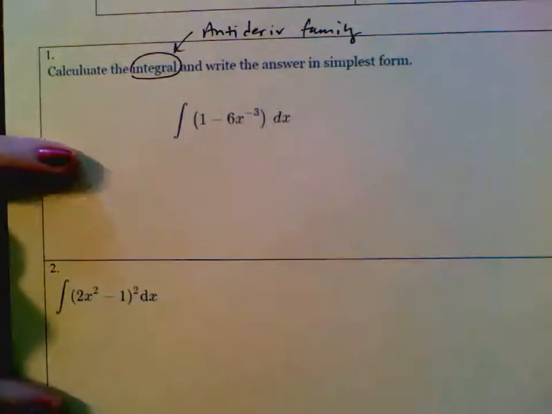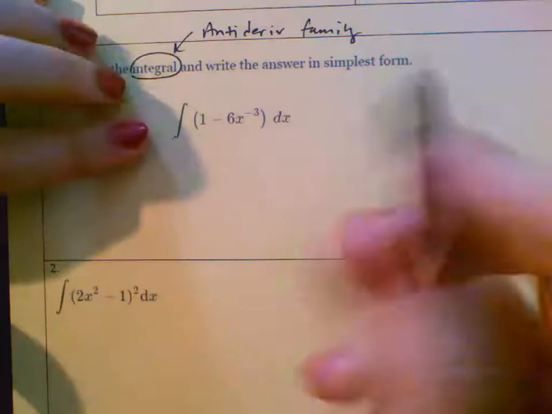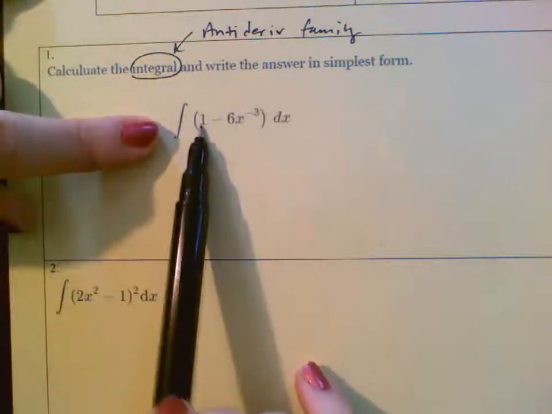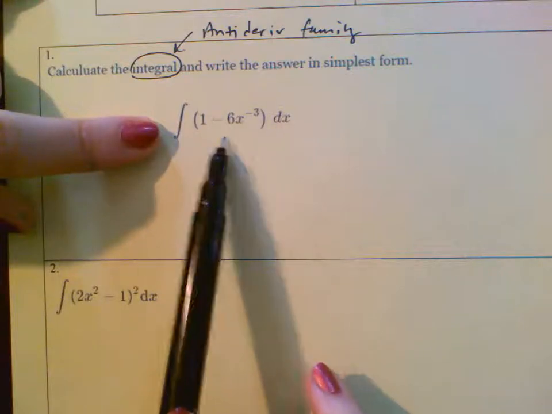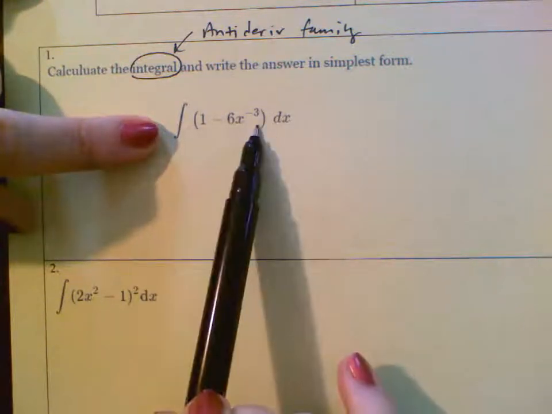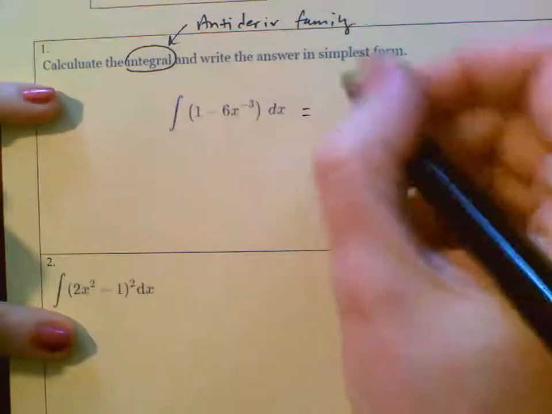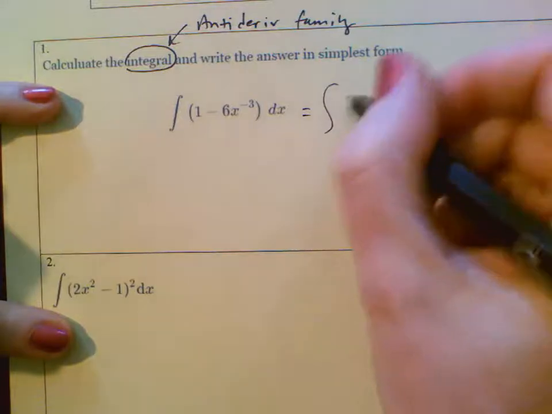I'm going to do something that you don't have to do, but same as with a derivative. If you're taking the antiderivative of a number of terms, you think of it as separate antiderivatives of each term. So for our notes, I'll write it like this.